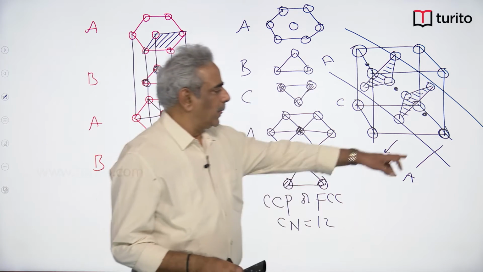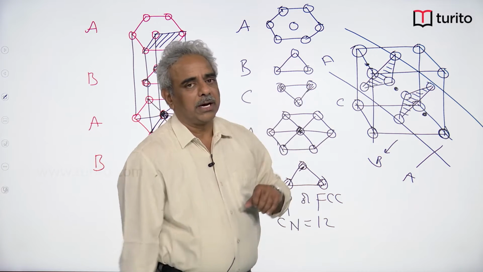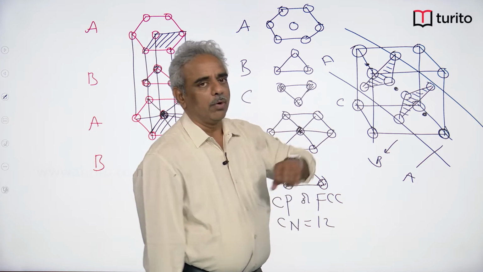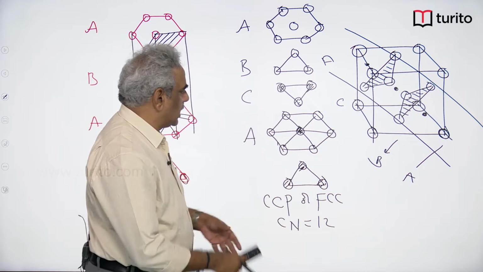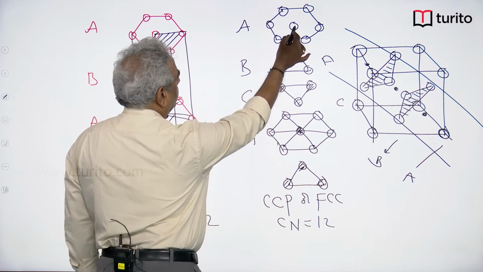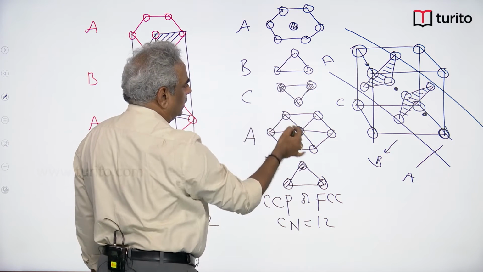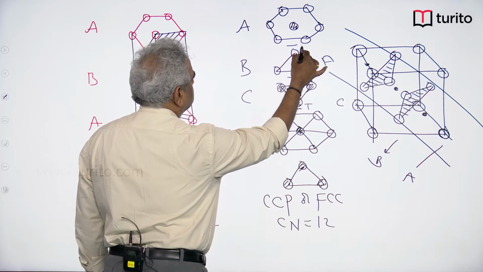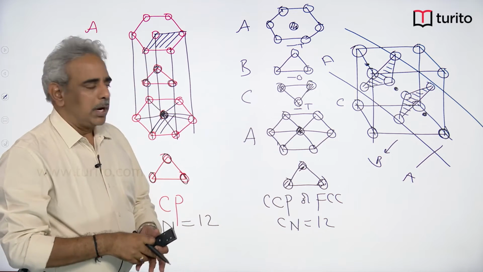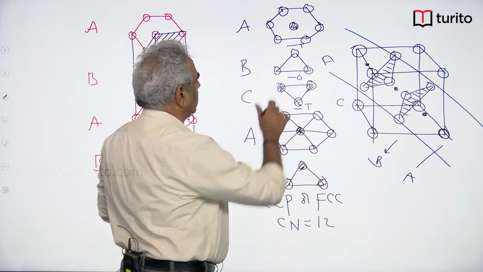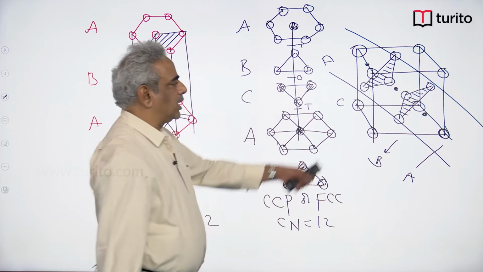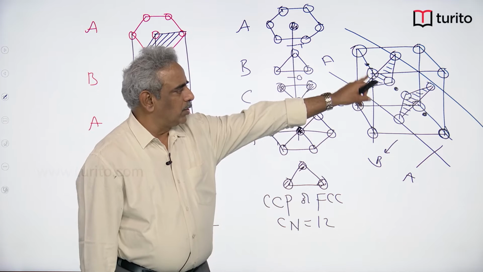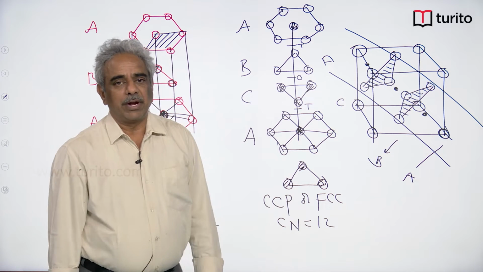So, when you are travelling from this corner to the opposite back corner, you are coming across tetrahedral void, octahedral void, tetrahedral void. So, if you see here, from this sphere to this sphere, if you travel, this is a tetrahedral void, this is an octahedral void, this is a tetrahedral void, and from this sphere to this sphere you are coming across that arrangement only, and this particular unit cell represents this kind of arrangement.